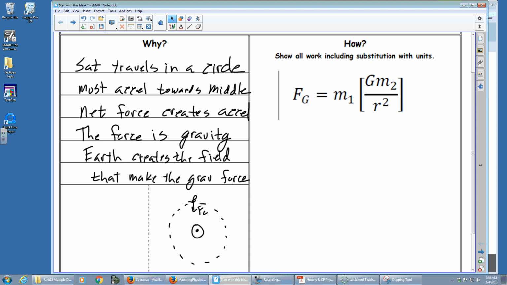But we said that gravitational force is causing the circular motion because it's pointing towards the center. So we use Newton's second law. On this side, we have the gravitational force. On this side, we have the mass of the satellite and the acceleration centripetally. Remember, pointing towards the center there.